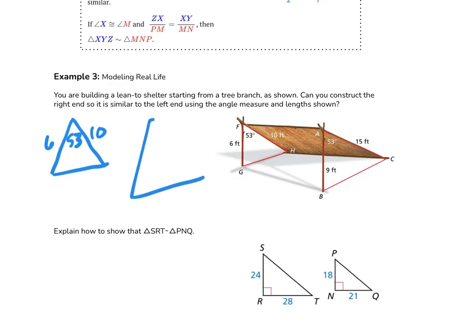For the second triangle, we have 9, we have 15, and this is 53. So first of all, the angle is the same, and it's between the 2 sides, so that part's okay. All we got to verify now is, are the sides in the same relationship or ratio to one another, okay? So we're going to go 6 is to 9 as 10 is to 15.